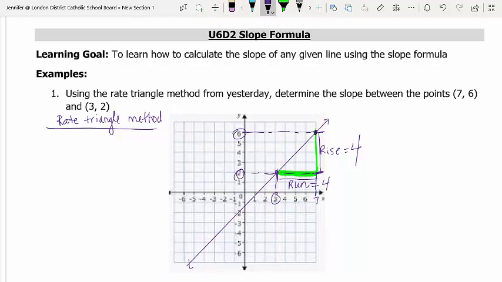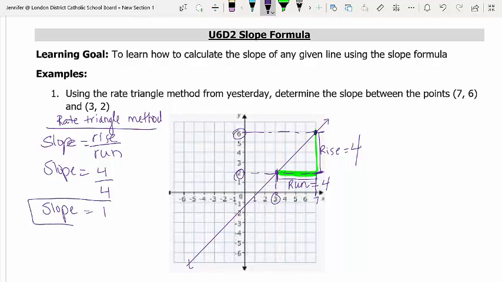Now we take those values and plug them into the slope formula. And then we simplify. So this can be reduced to 1. So the slope of this line using the rate triangle method is 1.